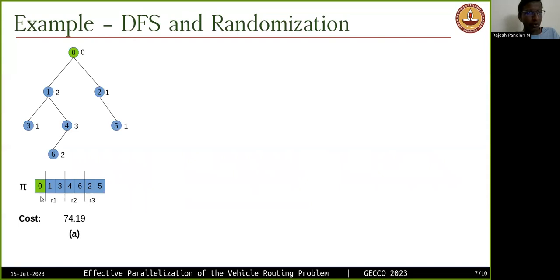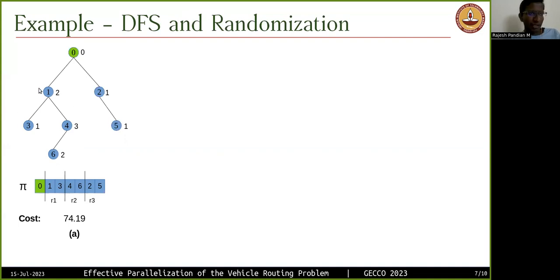How do we split? We use the vehicle capacity as the key to split the routes. So notice that customers 1 and 3, summing up to a total of 3 demands, go into route 1. We cannot add 4 into route 1 because then our capacity would exceed 5, right?